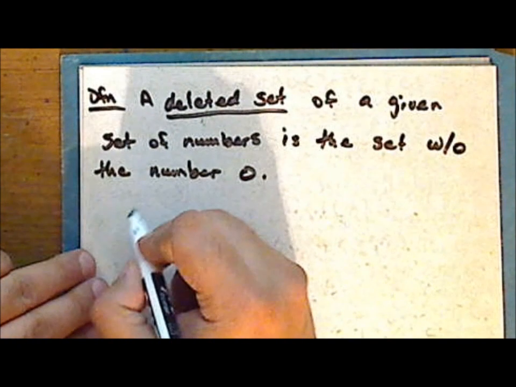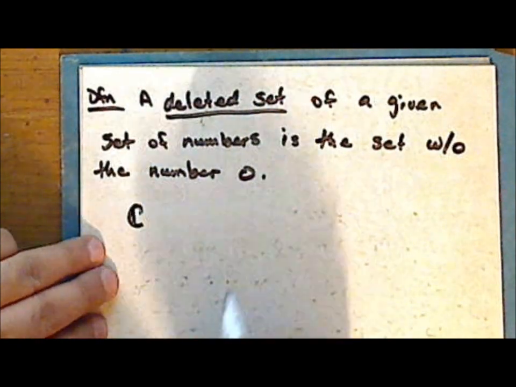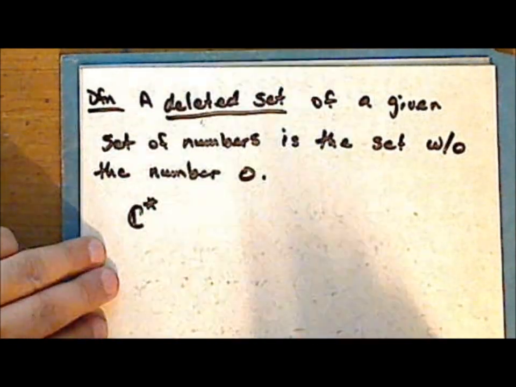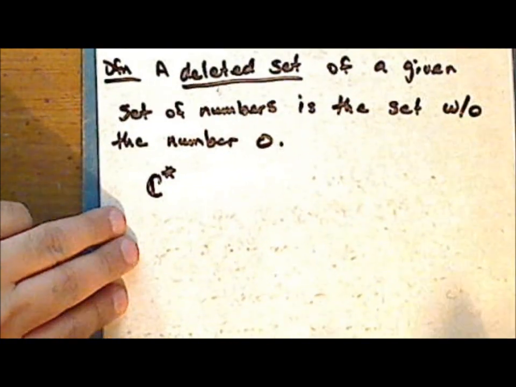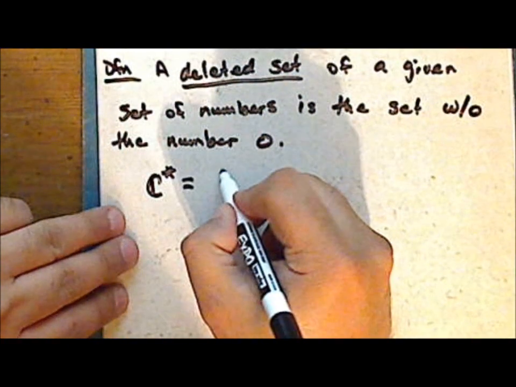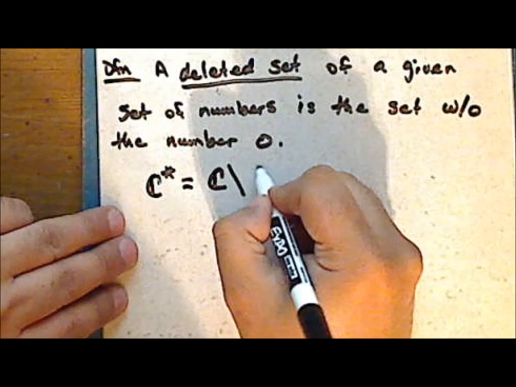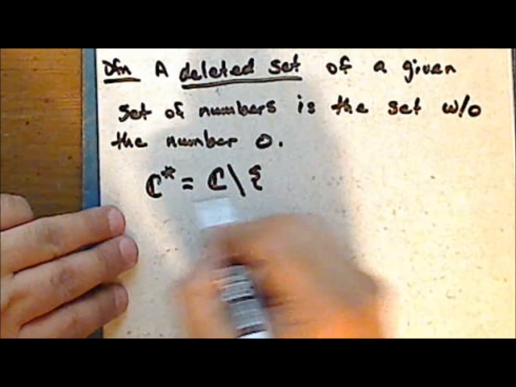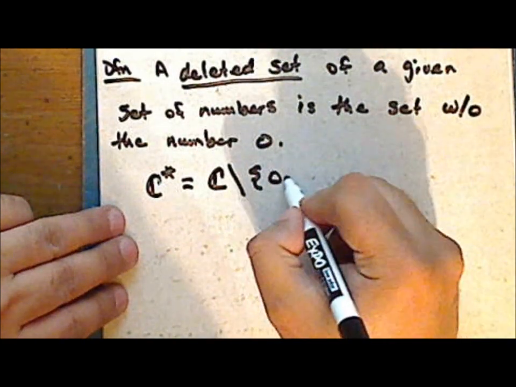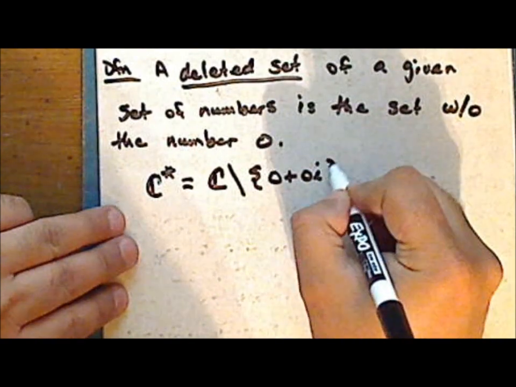So for instance, the deleted set of complex numbers is C superscript star, and this is the set of complex numbers without the number 0, but here we'll represent the number 0 as 0 plus 0 times i.